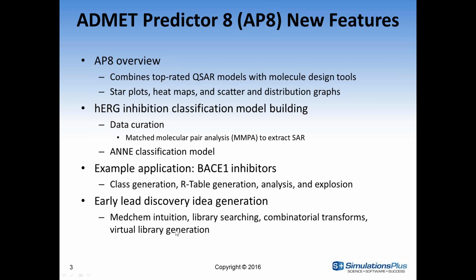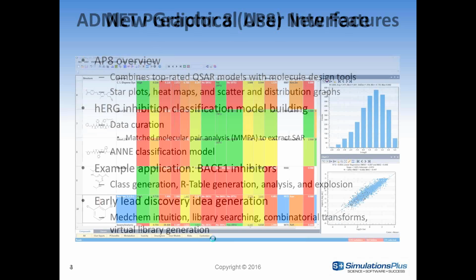Show how you could use the medicinal chemistry interface and intuition with the MedChem Designer, maybe perform some library searching, which is now available in ADMET Predictor, and perform combinatorial transforms, which introduces MedChem intuition but also uses the program to make those, and then also virtual library generation.